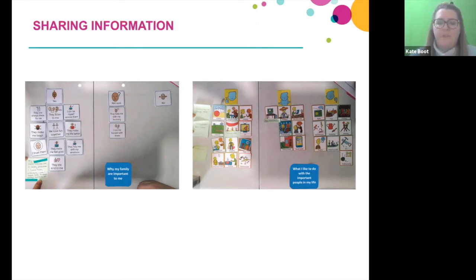For those of you that aren't familiar with talking mats, they're a thinking tool. They enable a thinker to place pictures underneath a visual scale to share their opinions, their preferences, their wishes and their choices with a listener.